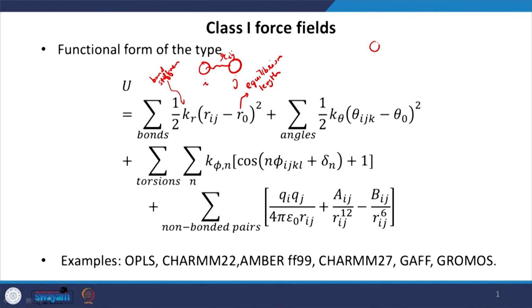Similarly, for a triplet of atoms I, J, K, I can define the actual angle as theta IJK, and theta naught can be an equilibrium angle, and K theta represents the angle stiffness.